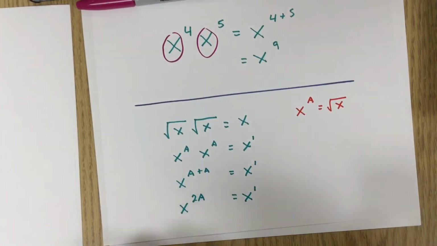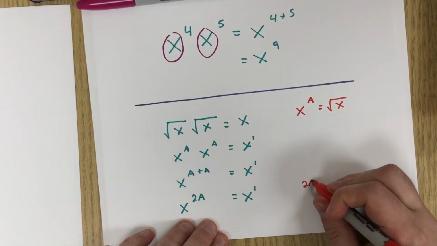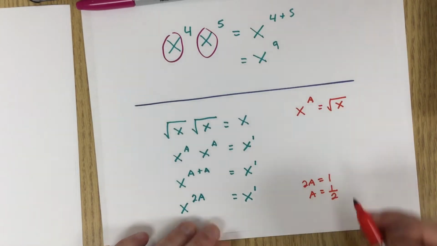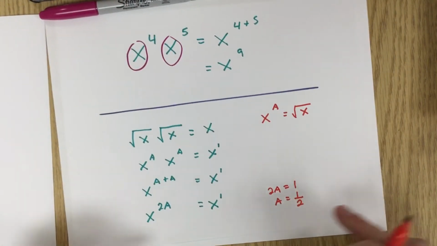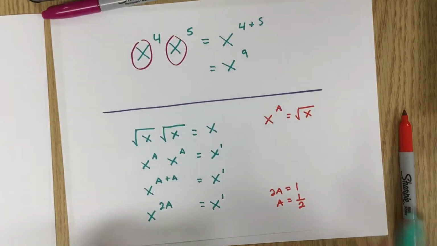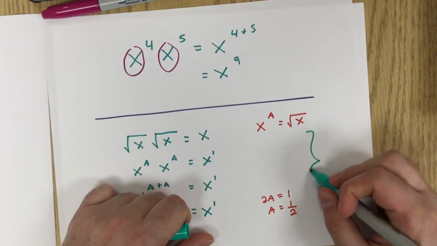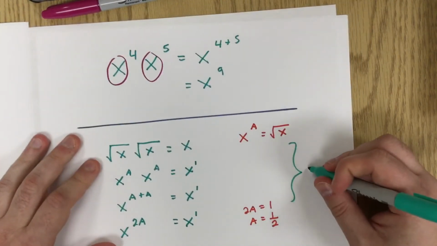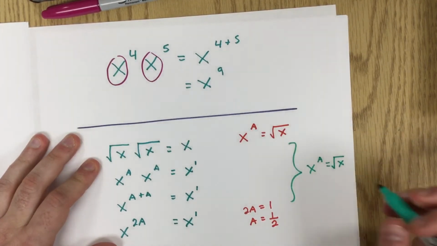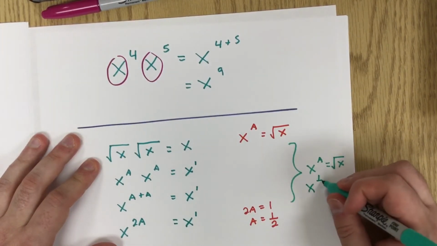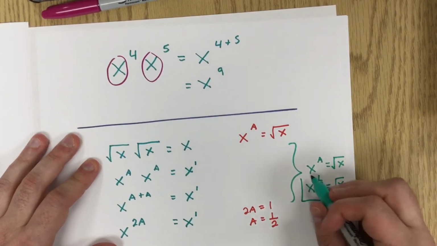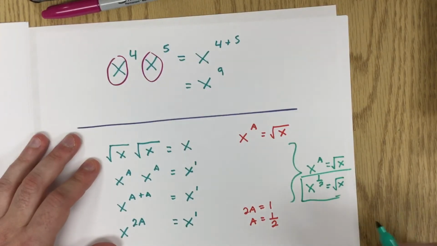So that tells us that 2a has to be equal to 1, and therefore a has to be equal to a half. And so, putting that in, x to the a is root x, or x to the 1/2 equals root x. So x to the 1/2 means root x.